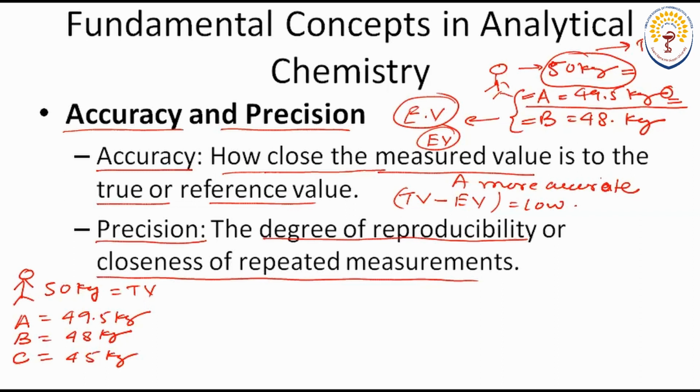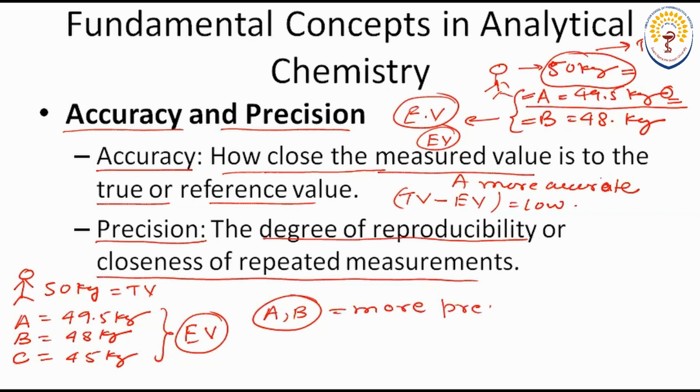Now I ask which two experimental values are close to each other. We have three experimental values given by A, B and C respectively. You will say that A and B are more close to each other. So A and B are more precise.